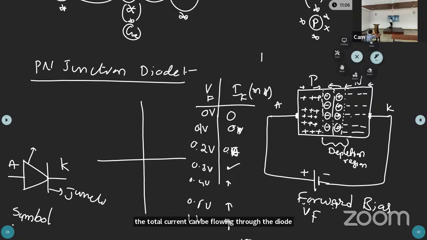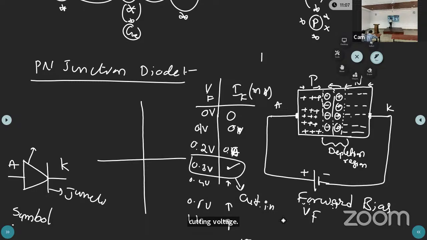Now, the applied voltage for which the diode starts conduction is called the cut-in voltage, also called the knee voltage.